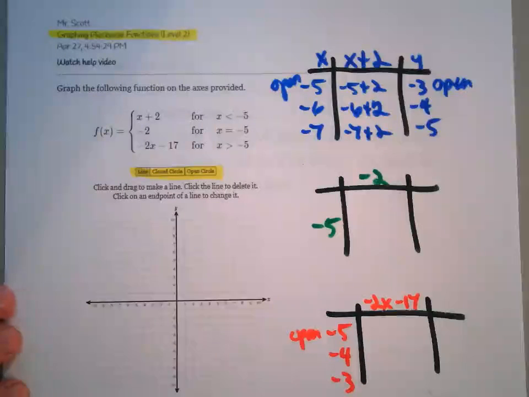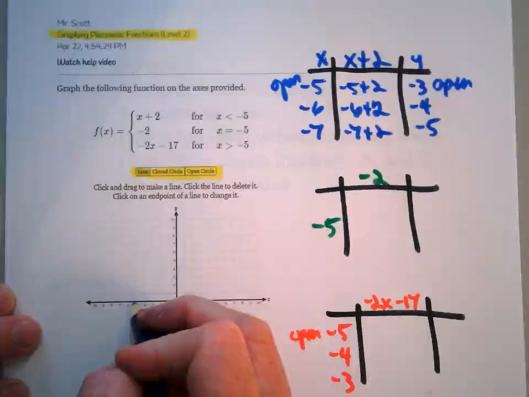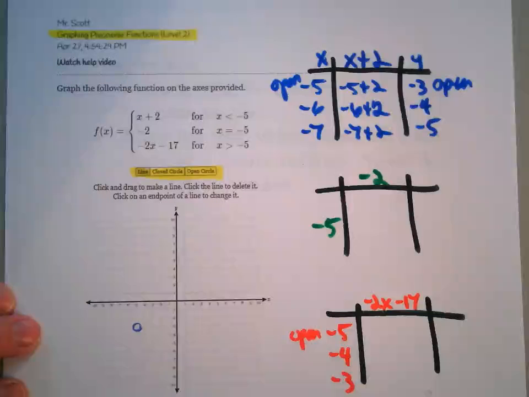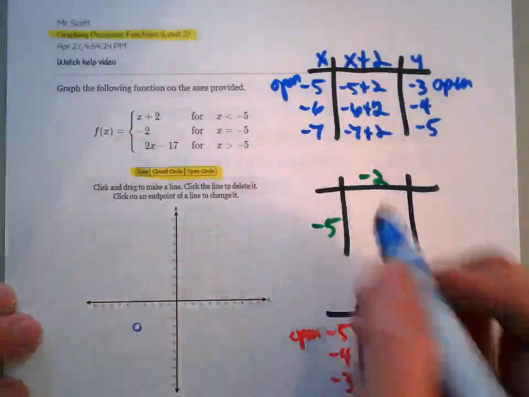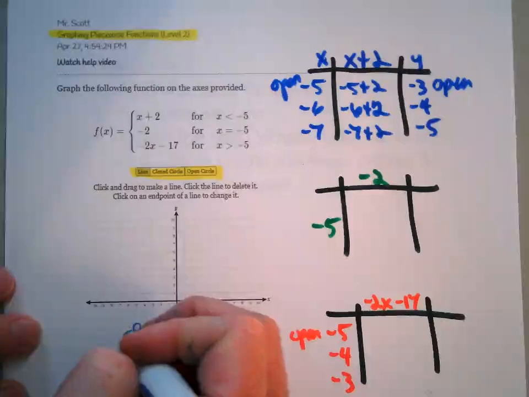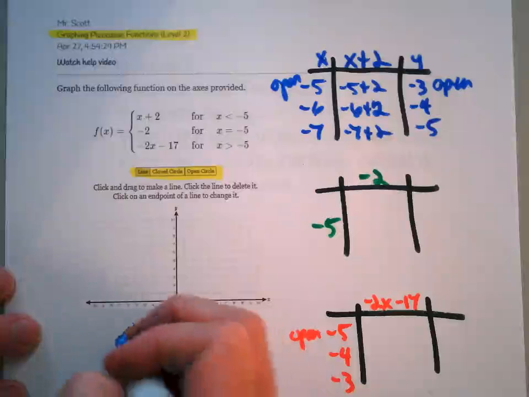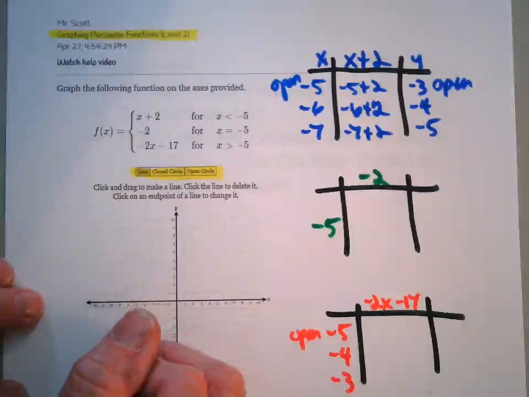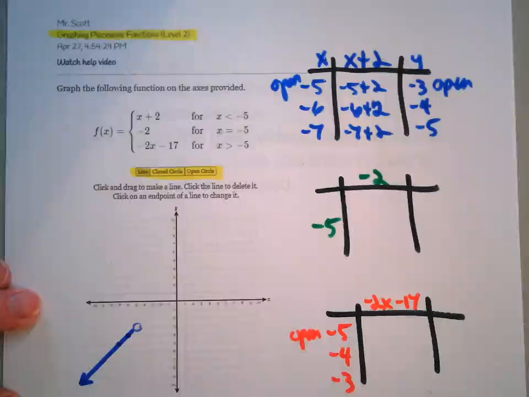So negative 5, negative 3, negative 5, 1, 2, 3, open circle. Negative 6, negative 4 will be, let's see, right there. And negative 7, negative 5 is right there. And we will just continue going in that direction forever.